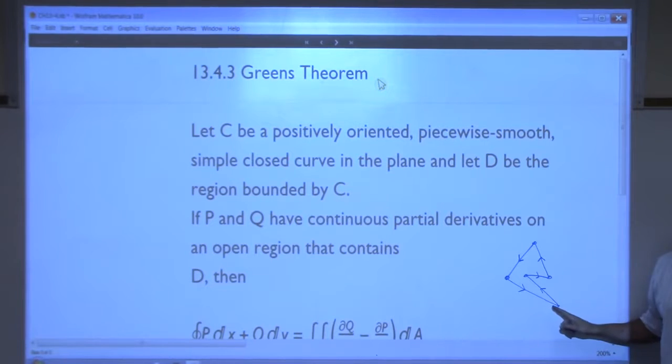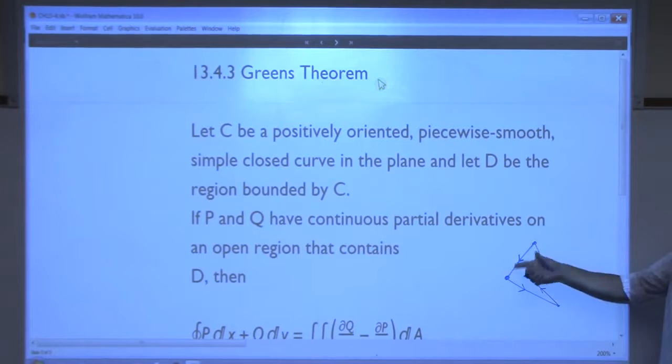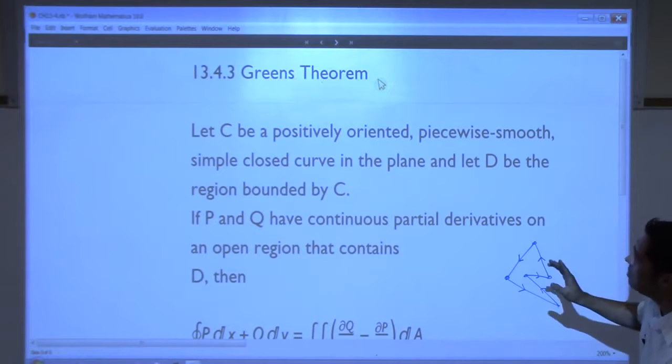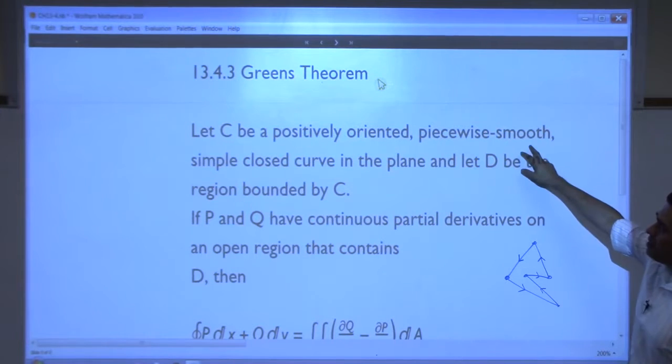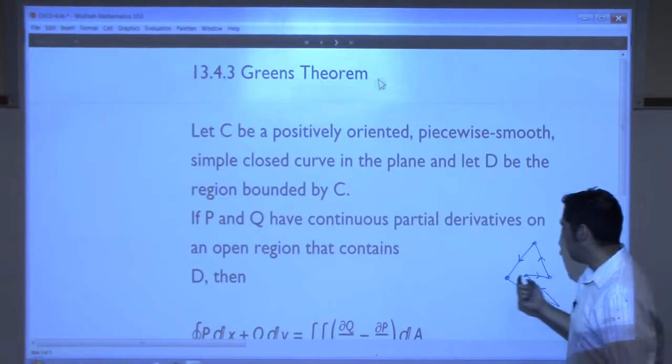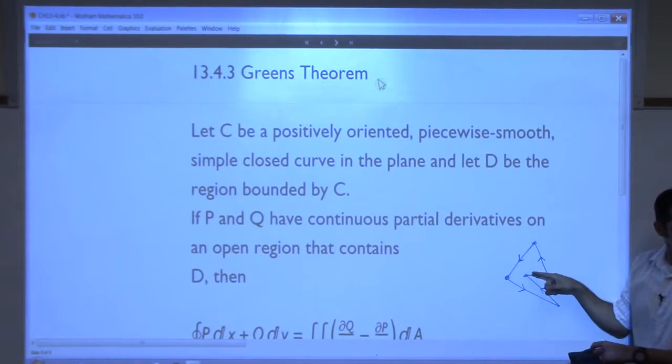Piecewise, it's smooth. So that piece is smooth, that piece is smooth, you see it? So you could break up that C into a bunch of smaller, smooth segments. So as long as C is positively oriented, piecewise smooth, simple, closed, which means I can't have a hole in the middle, right?